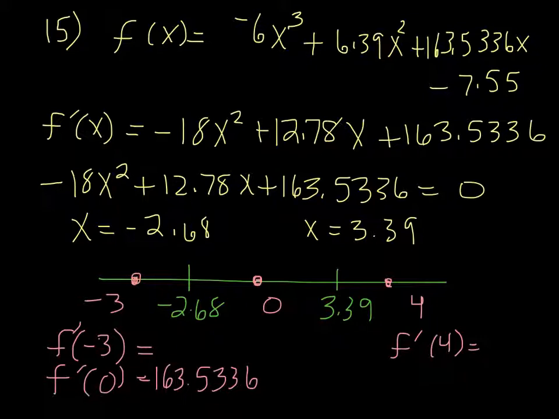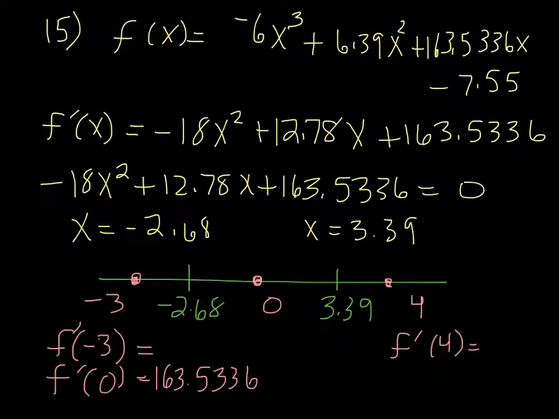So I'm going to go ahead and go into y equals, and I'm going to put in negative 18x squared plus 12.78x plus 163.5336. Then I'm going to do second graph to get my table.